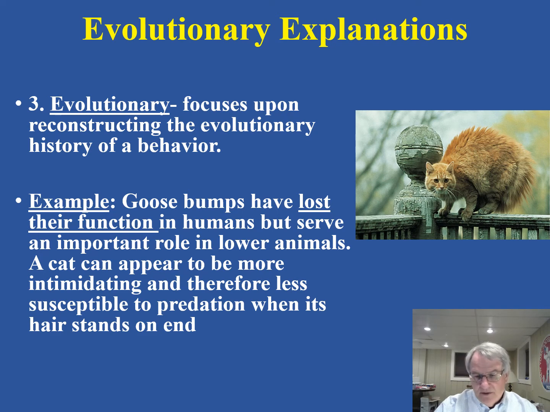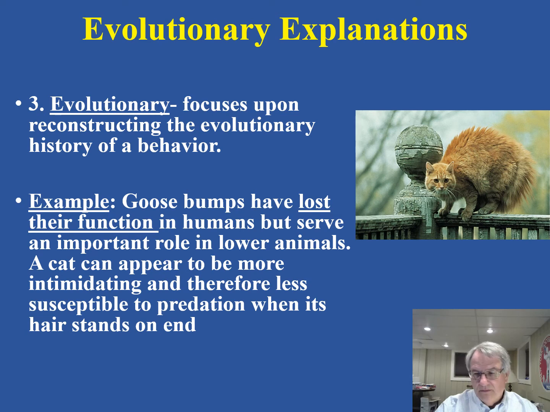A really good example of this is, you see a picture of a cat there that's been threatened by another cat, and typically in that situation the cat begins to show involuntary responses, one of which is their hair standing on end as a response to being threatened, let's say, by a predator.